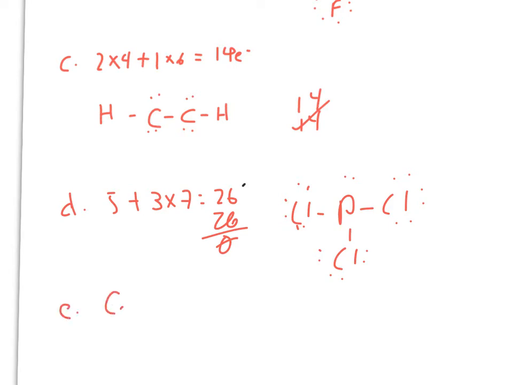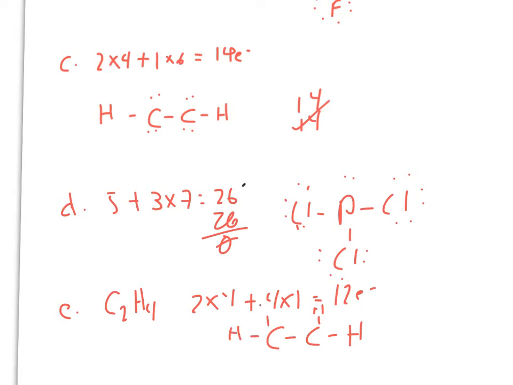E, I had C2H4, so now I've got 2 times 4 plus 4 times 1. I've got 12 electrons, and when I attach my carbons, I've got 2 hydrogens on each, and I still need 2 more.